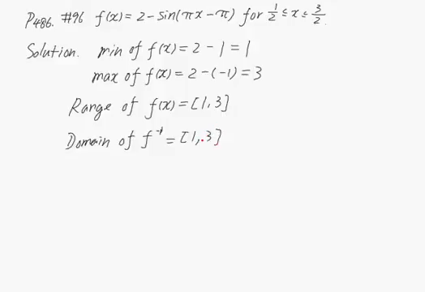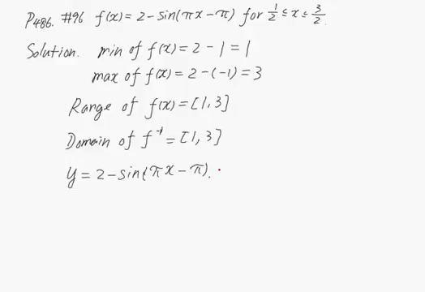Now let's try to find the expression for the inverse function. So we just replace f of x by y, equal to 2 minus sine of pi x minus pi. And let's switch the x and y.